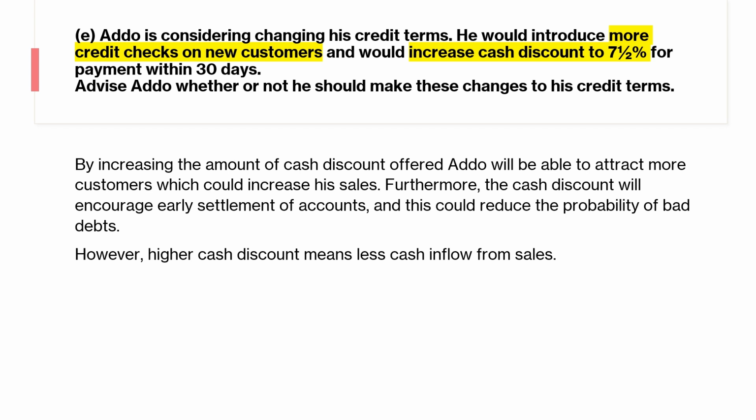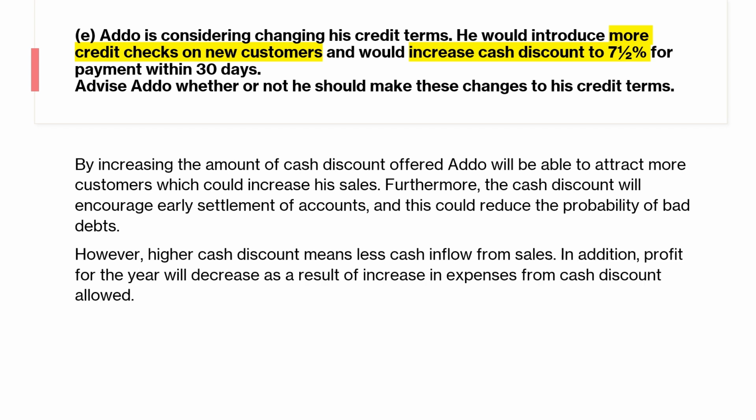And another disadvantage is, remember, cash discount allowed to customers is an expense. So when you increase the cash discount amount to 7.5%, that will increase the discount allowed, and it's an expense. An expense increasing will decrease profits.